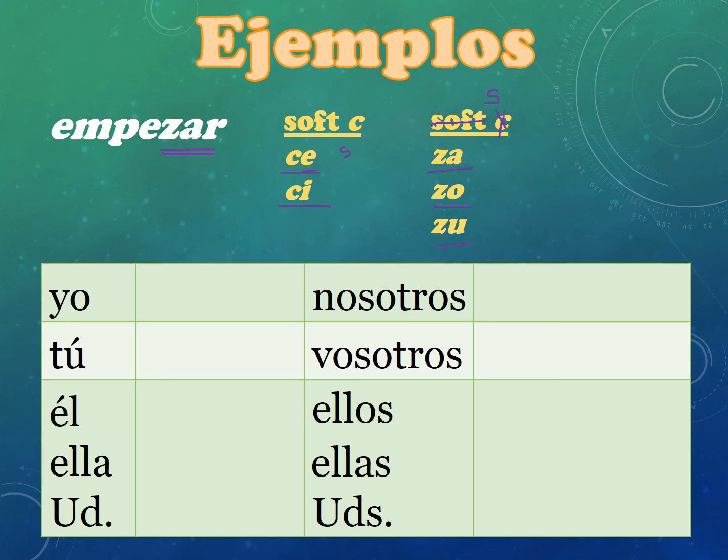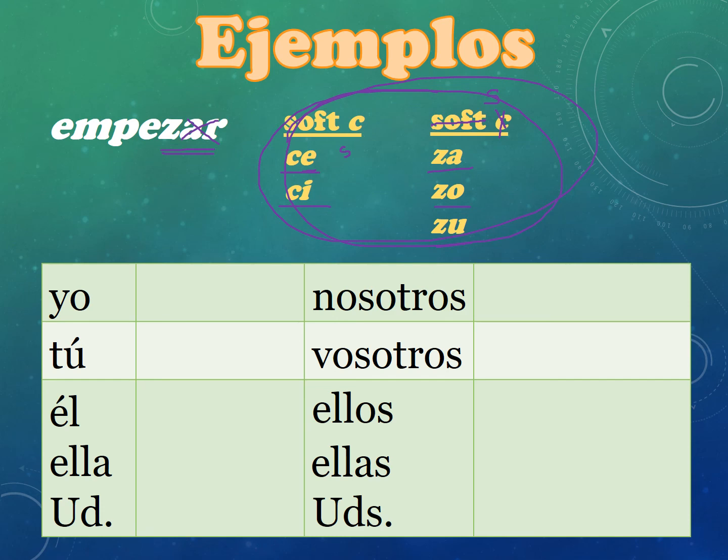So here we have empezar, which is ZA, but we don't have any Z option before E, which is what's going to happen. Remember, I take off the AR, then I want to add E as my ending, but I don't have a Z ending for an S sound.